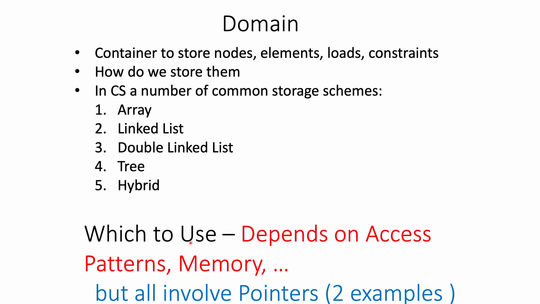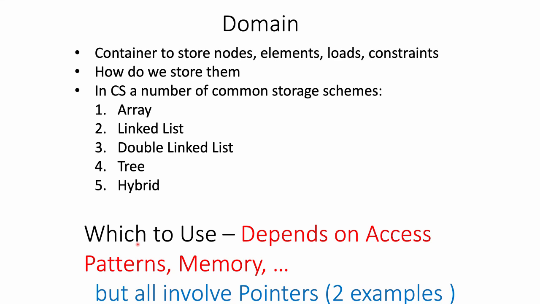So then the question with the domain is, how do we store all the nodes? This is bringing us back to the idea of data structures. I mentioned previously that in C we can do array, linked list, doubly linked list, trees. There are hybrid approaches. And again, as I mentioned, it really depends on what the access pattern is. The elements are going to be the things looking for the nodes.